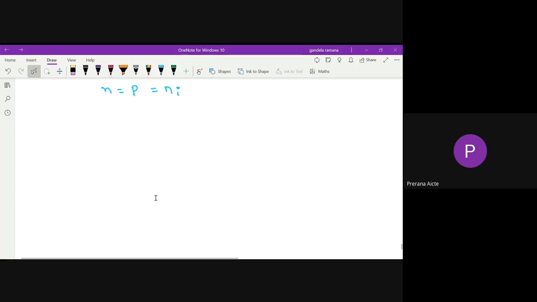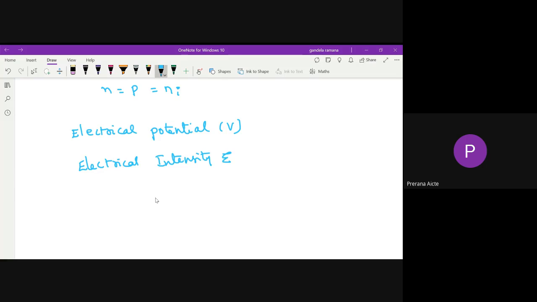Before going to drift current and diffusion current, we must know the definitions for electrical potential, V, which is nothing but work done, and electrical intensity, denoted by E.